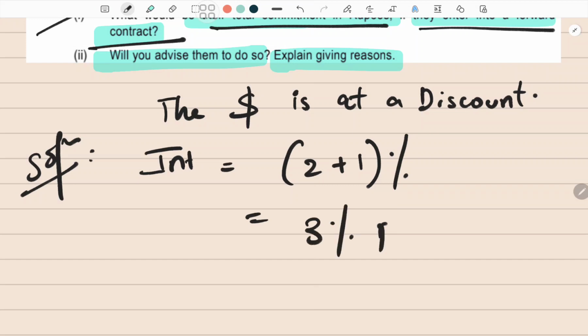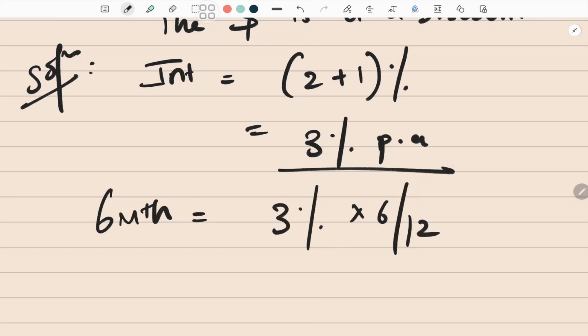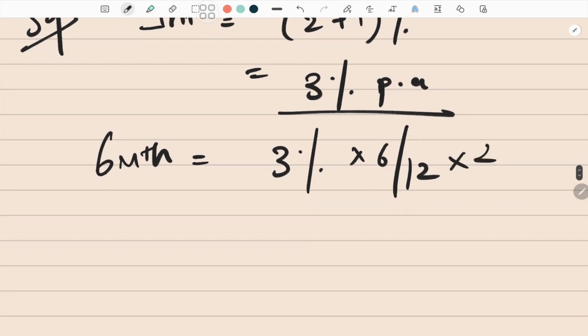This gives me 3% per annum, but what I want is 6 months, so it has to be 3% into 6 by 12, and the amount is 2 million, so 6 zeros, since 1 million is equal to 10 lakh.